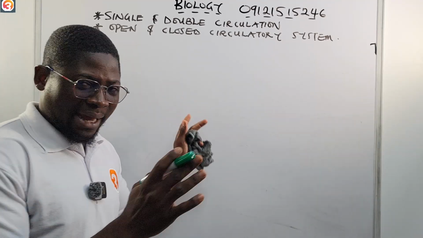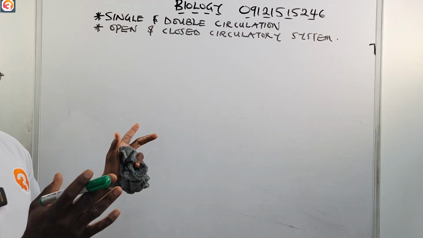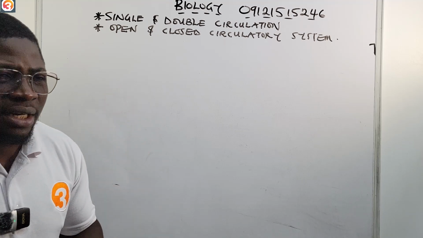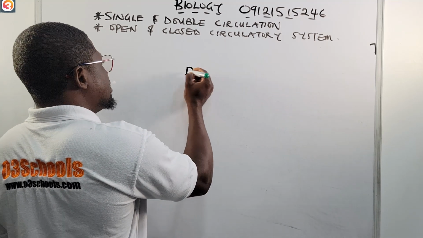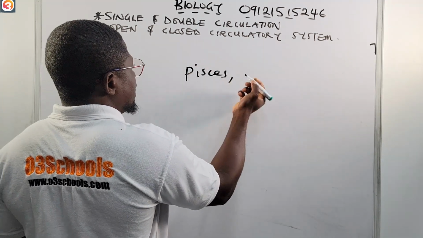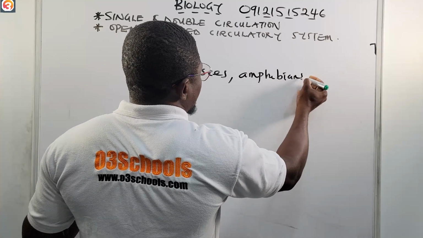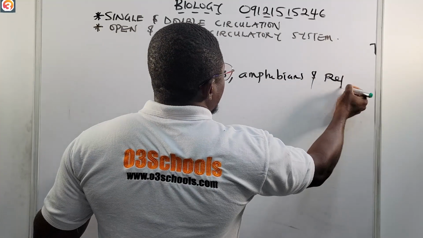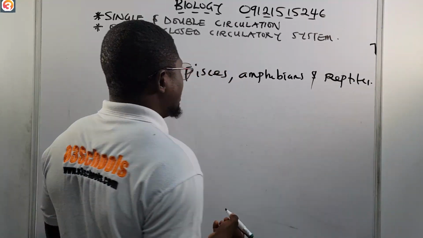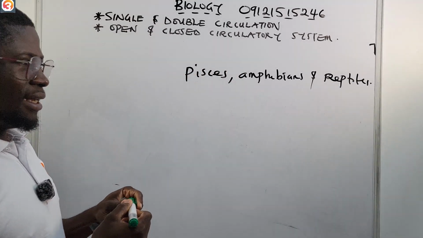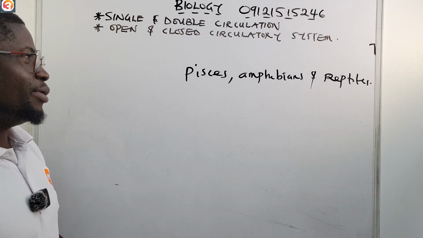We talk about mammals and birds specifically when we talk about double circulation. But why is it different in other organisms, like in fishes, amphibians and reptiles? Let us consider these three organisms to bring our point home.